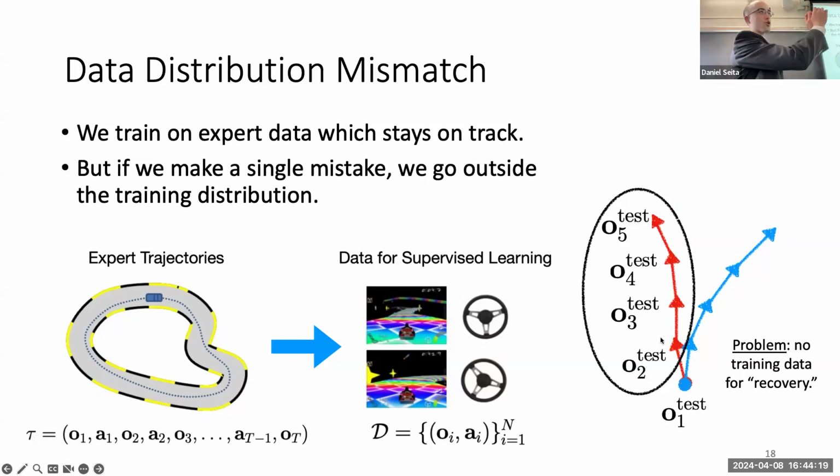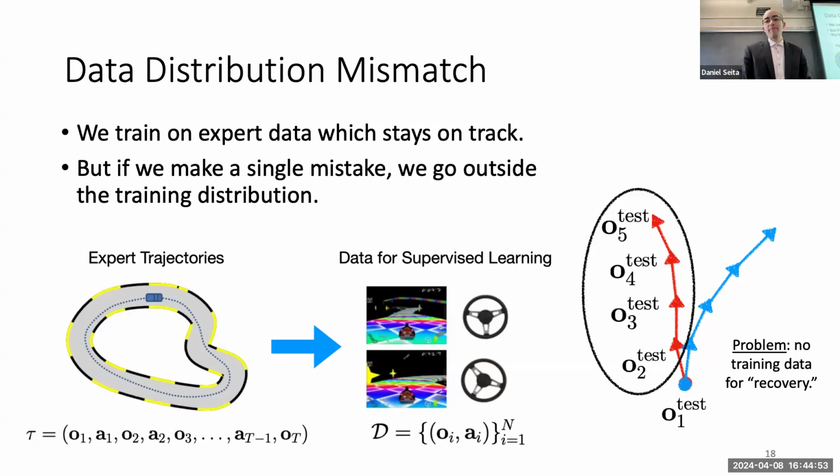Then the problem is there's a very slight divergence. Now we go to the next time step. The problem is if there's another mistake, and very often if you make a mistake, it's easier to make a mistake that makes things worse than makes things better. I mean, there are more things that can go wrong than right. So at state O2 test, you might go to state O3 test and get even further away from the training data distribution.